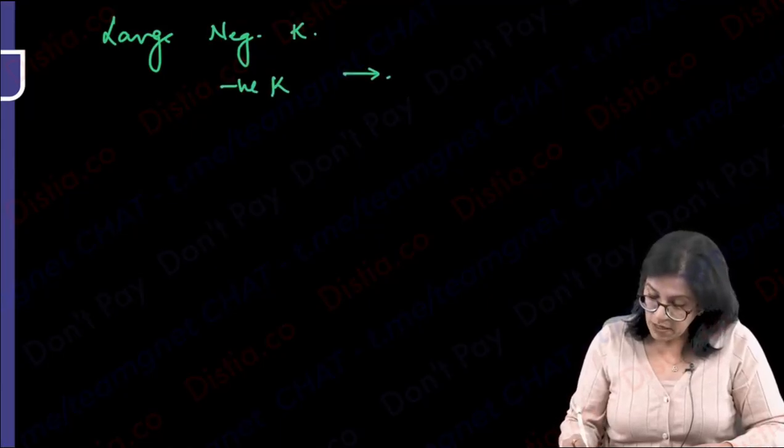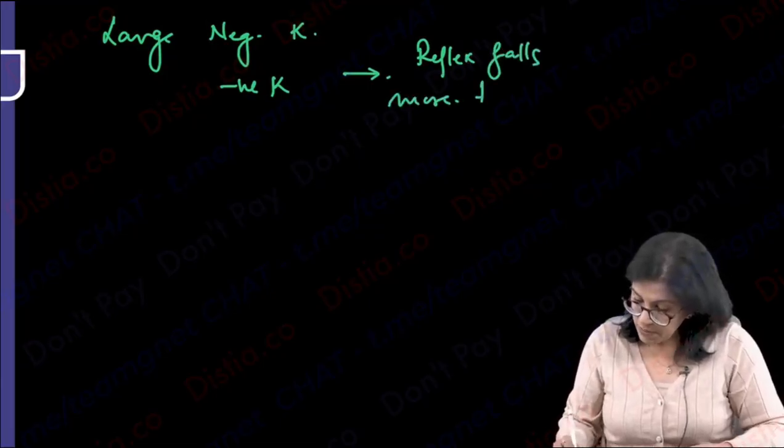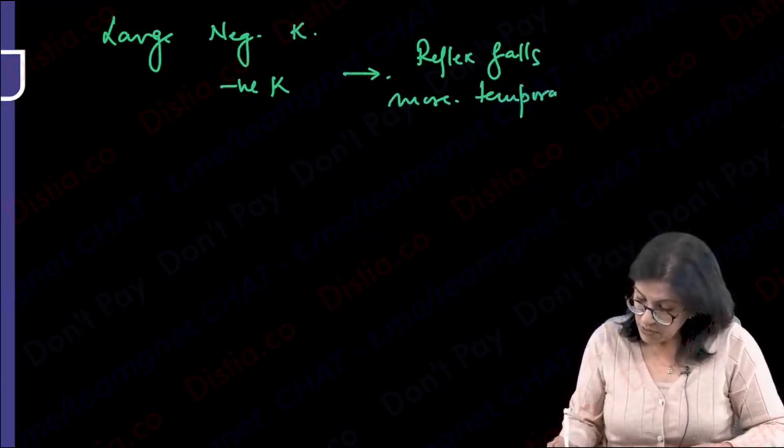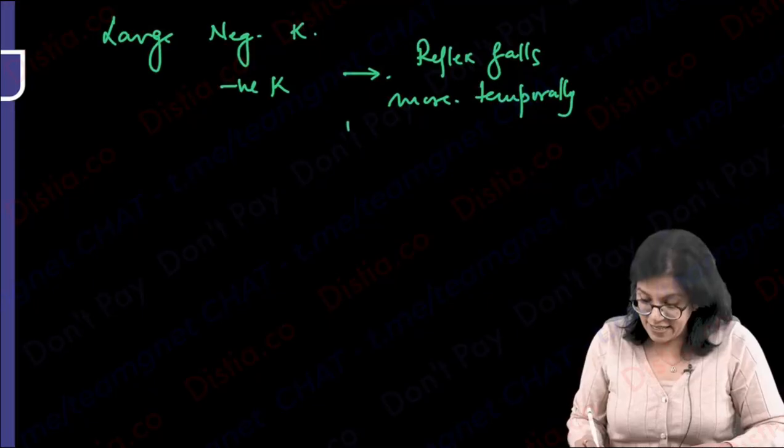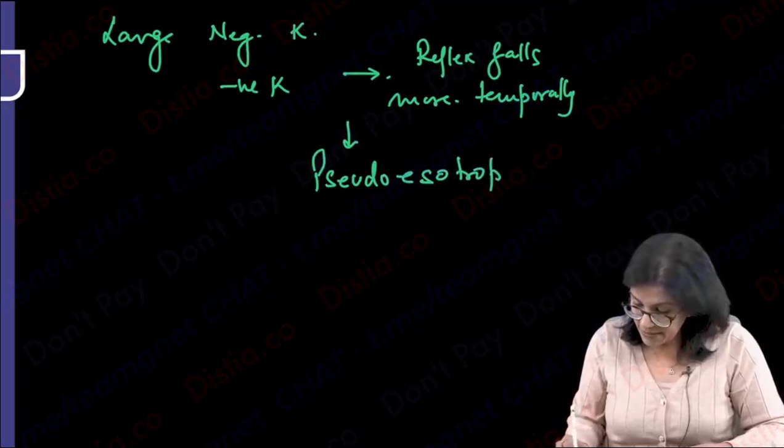So large negative kappa means the reflex falls more temporally. So it feels as if the eye is in, but it is not. So it is called pseudo esotropia.